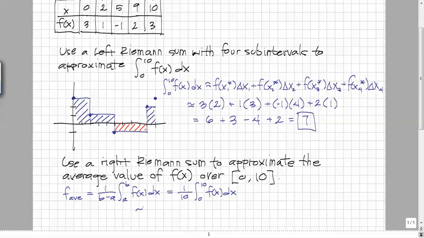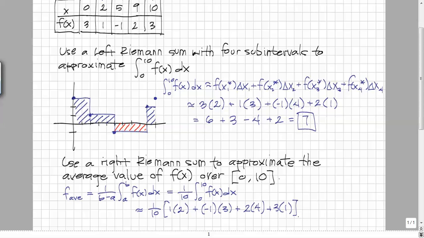So this is going to be approximately equal to 1/10 times 1 times 2 plus negative 1 times 3 plus 2 times 4 plus 3 times 1.